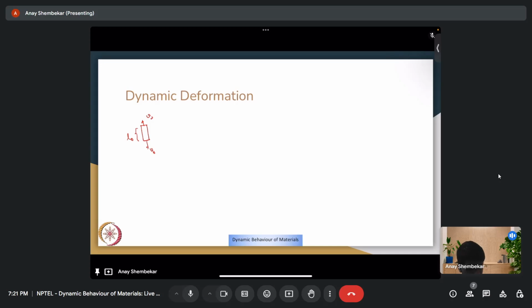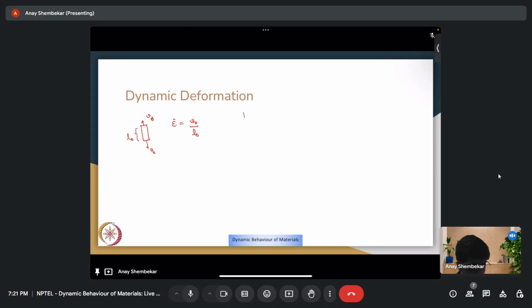Then you essentially have a strain rate defined as epsilon naught equal to V naught by L naught, as we are here assuming that the same velocity V naught acts for the given time at both ends.